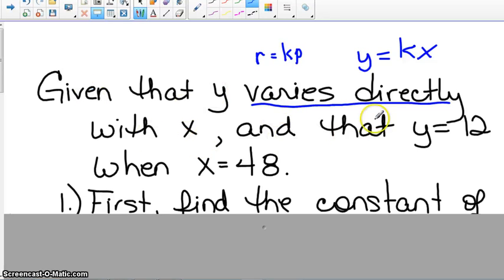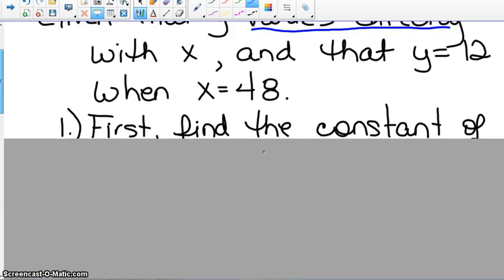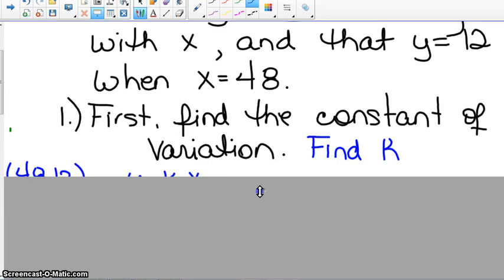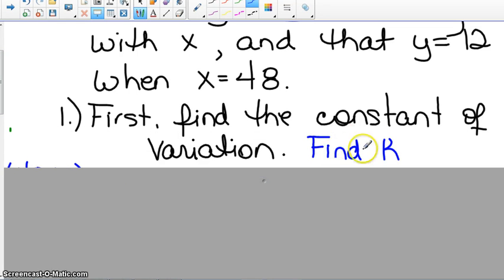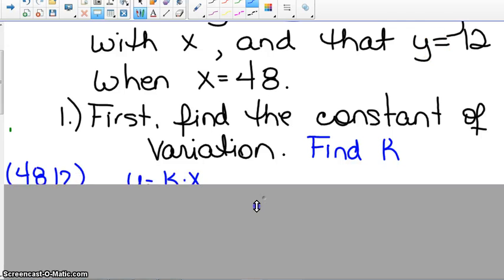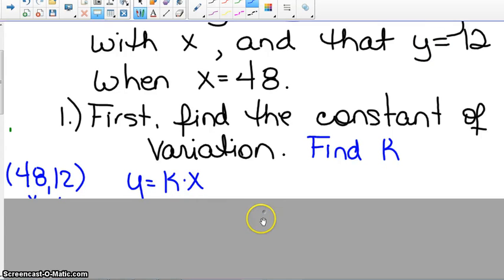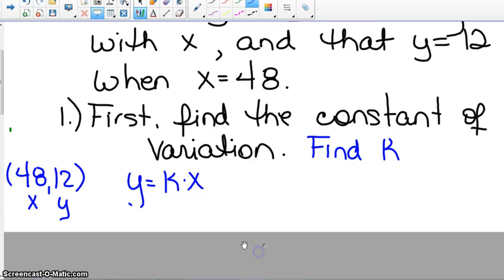And then they tell us that Y is equal to 12 when X is 48. That's helpful information because the next step is they want us to find K. Well, look at the ordered pair we have, 48, 12. That is an ordered pair that we can say is X and Y. Here's our direct variation equation.